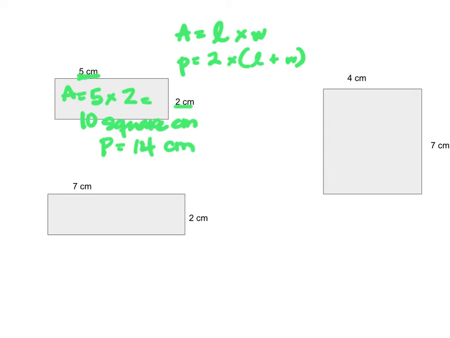We have 7 centimeters on one side and 2 centimeters on another side. Looking at the formula, go ahead and pause the video and figure out what the area and the perimeter would be. All right, I'm going to keep going, so hopefully you paused it and you did the work on your own. Length, 7 centimeters times the width of 2 centimeters.